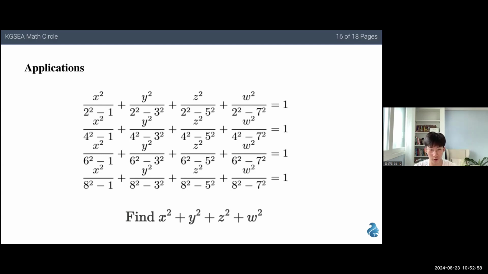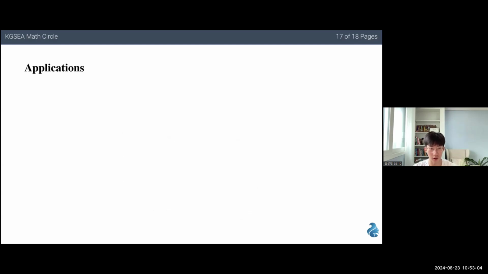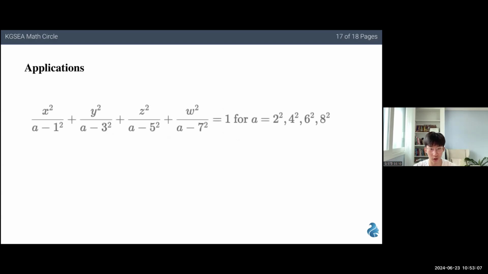So let's try to first condense all the information in these 4 equations into one, and I do that by rewriting it as follows. So we have x squared over a minus 1 squared plus y squared over a minus 3 squared, and you just add that all the way up to w squared over a minus 7 squared, and this is going to be equal to 1.